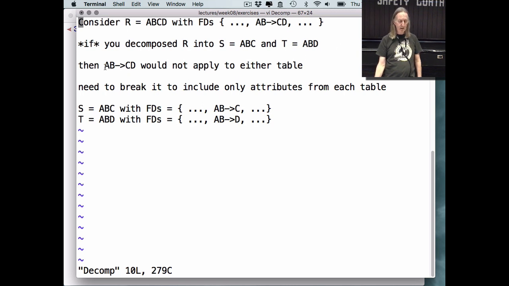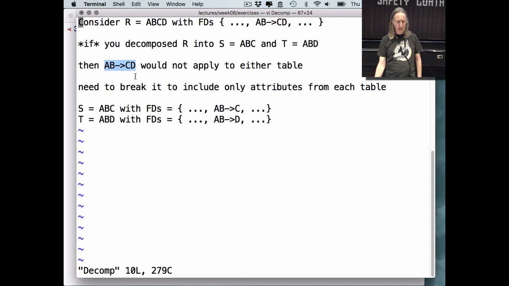Now this particular functional dependency isn't relevant to either of these tables because neither of the tables has all of the attributes mentioned in the functional dependency. Okay, so a functional dependency is only relevant to a table if all of the attributes in the functional dependency appear in the table.